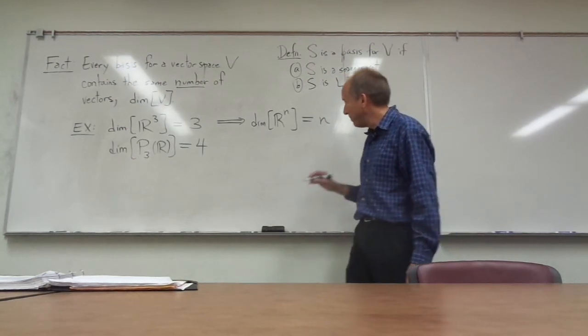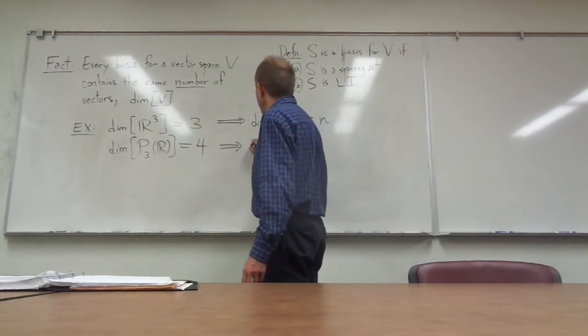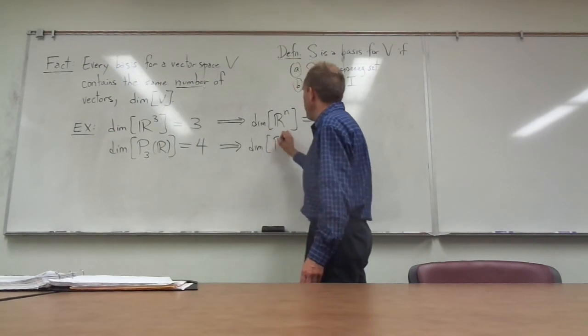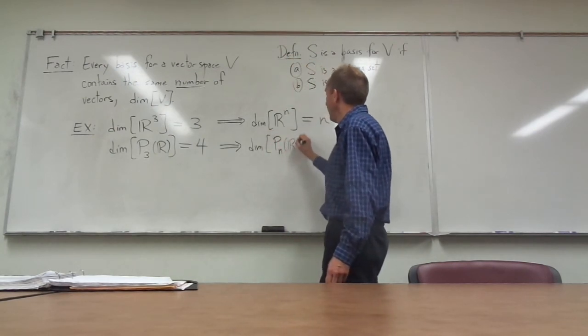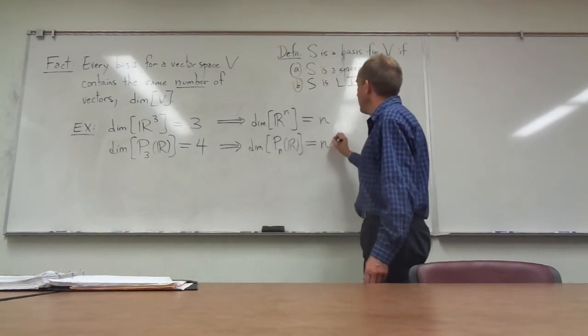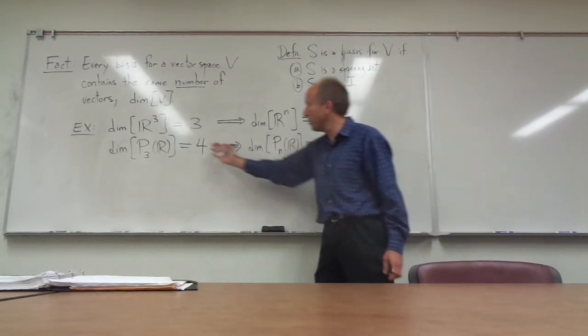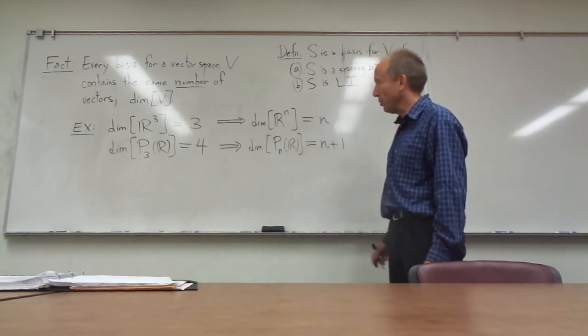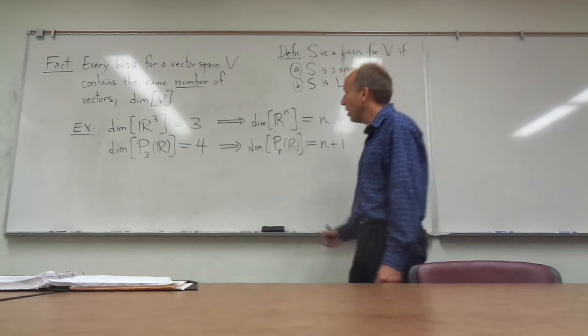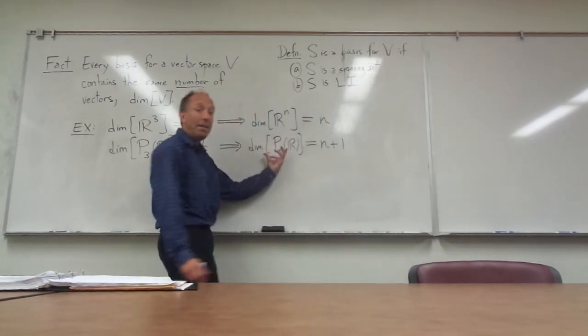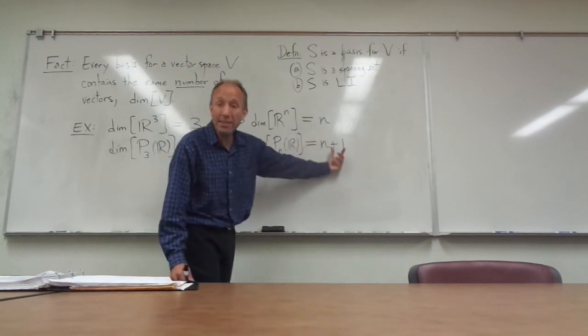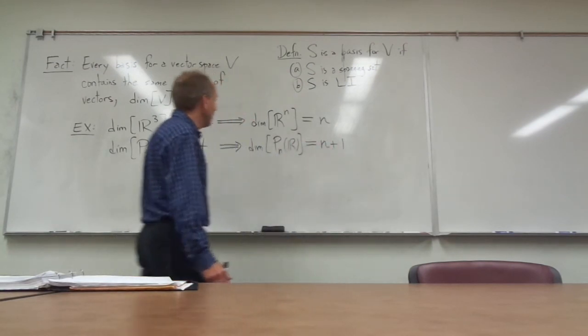And in general, the dimension of Pn of R will always be n plus 1. It's always one more than the subscript on the polynomial space. So polynomials of degree 5 or less would be 6-dimensional. That's kind of what we're saying.